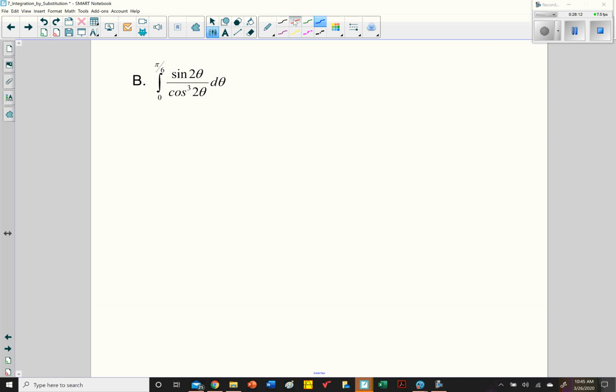Same thing here. Let's try the denominator. I'm going to leave the cube alone and just let the u be the cosine of 2 theta. Using the chain rule, the derivative of cosine 2 theta is -2 sine 2 theta d theta.